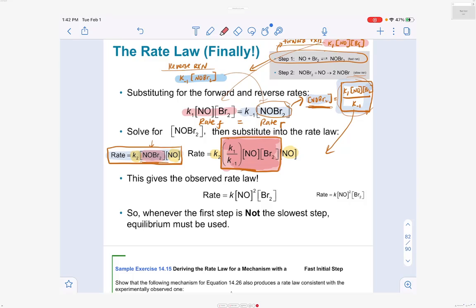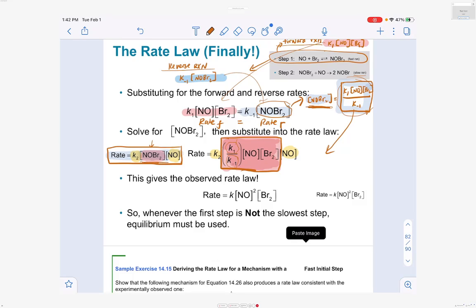Okay. And because the forward reaction equals the reverse reaction, the rate constant for the forward reaction equals the rate constant for the reverse reaction. If they're equal, this will be 1, right?